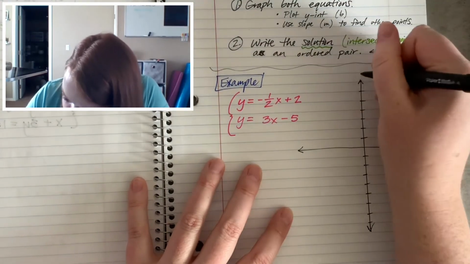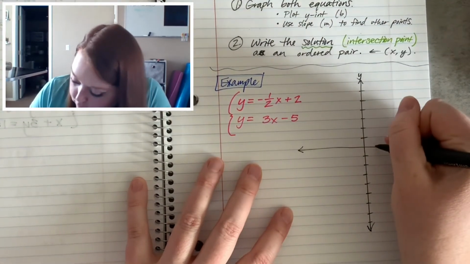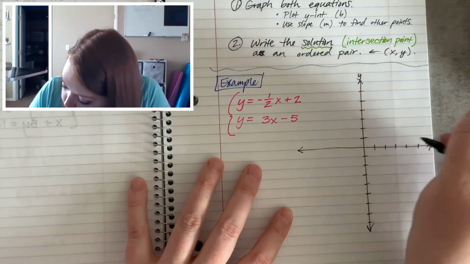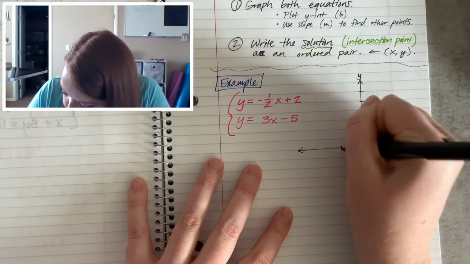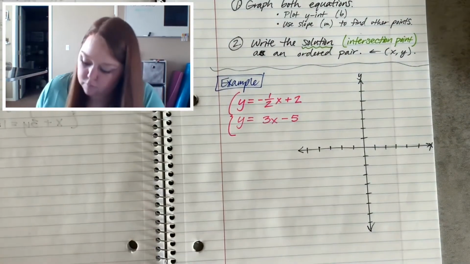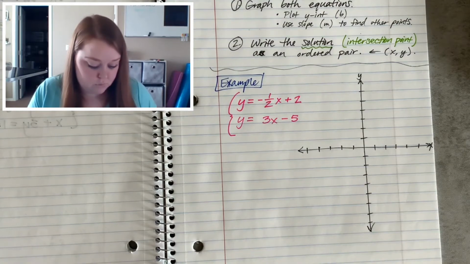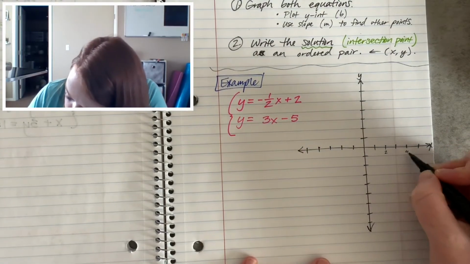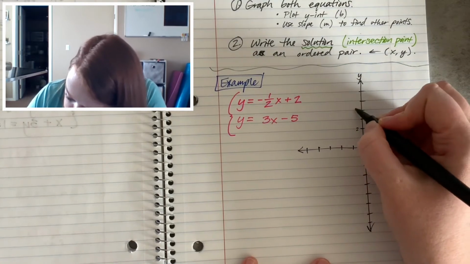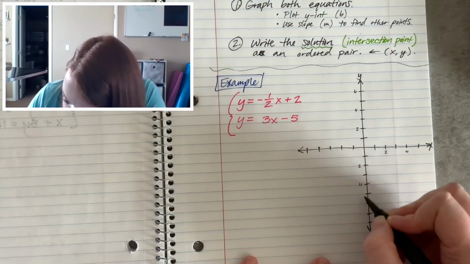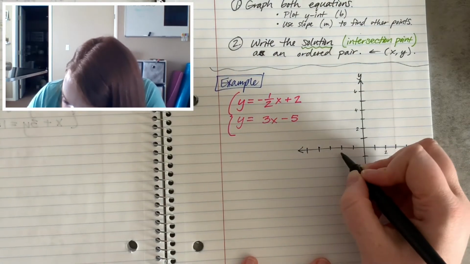Make it as precise as you can. Okay, pause the video if you need more time. I am going to go ahead and label. I'm only going to label every 2 points.